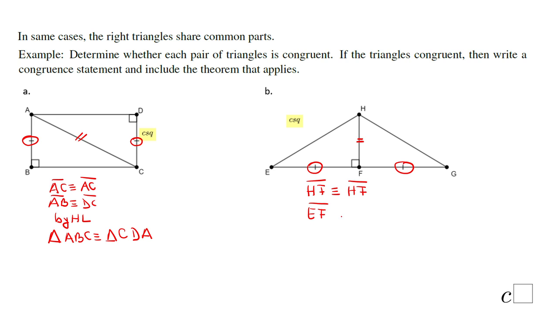EF congruent with FG. These are also legs. So by leg-leg, we have these two triangles congruent. Triangle HFE, let's say you do it this way, congruent to triangle HFG.